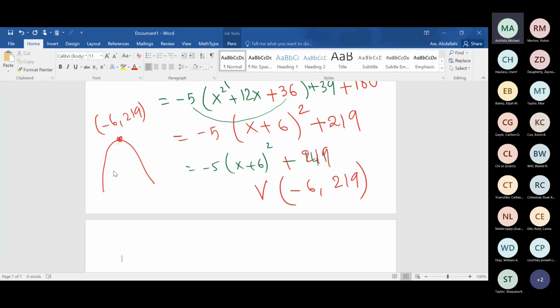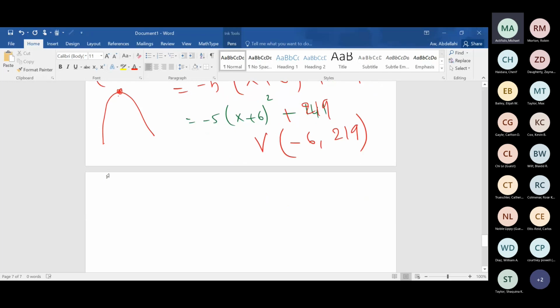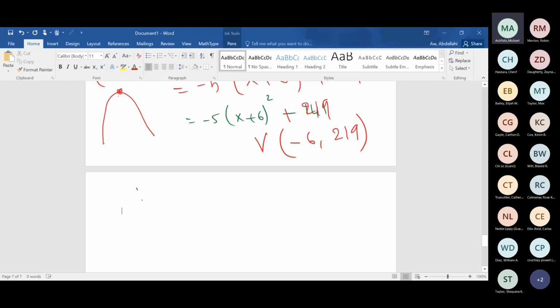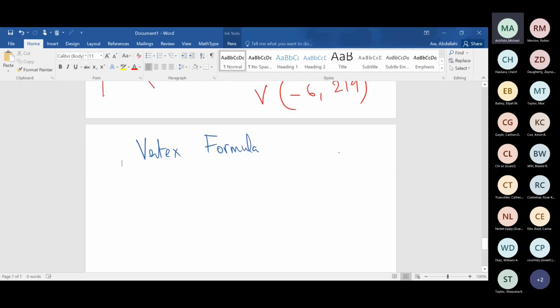That is where a vertex formula will save you all this work, okay? Just like the quadratic formula, there is a vertex formula. I'm about to write it, and I would advise you to memorize it to save yourself a great deal of work.